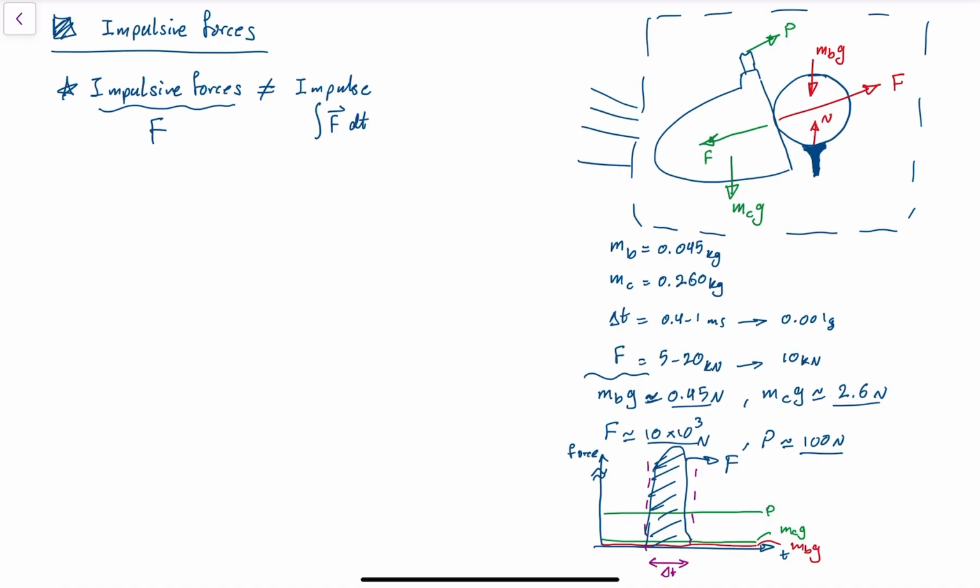During that short period of time, I can essentially neglect all other external impulses in comparison to this internal impulse. Really, the dynamics of the system during the short period of contact is only dominated by this internal impulse.